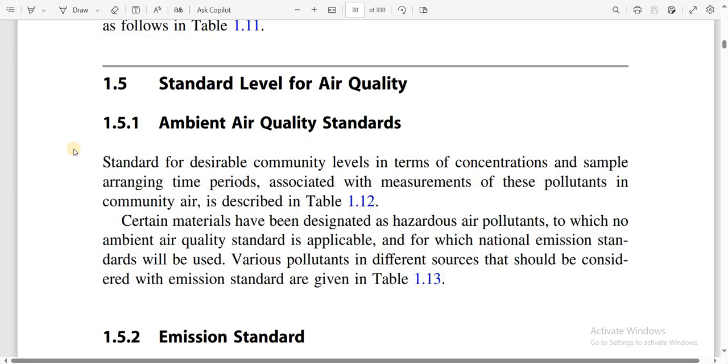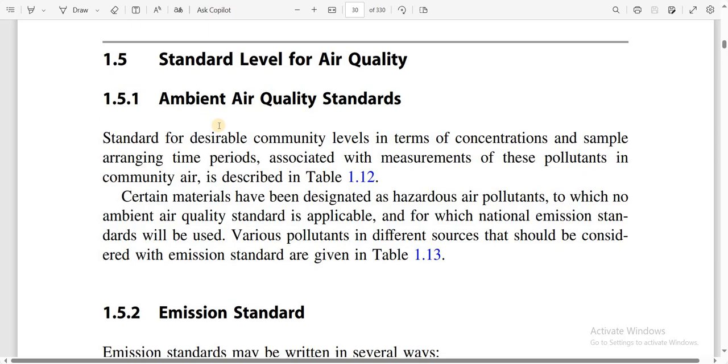So we are especially in air pollution control, and in today's topic we are in ambient air quality standard. What are the standards of air quality which is required?